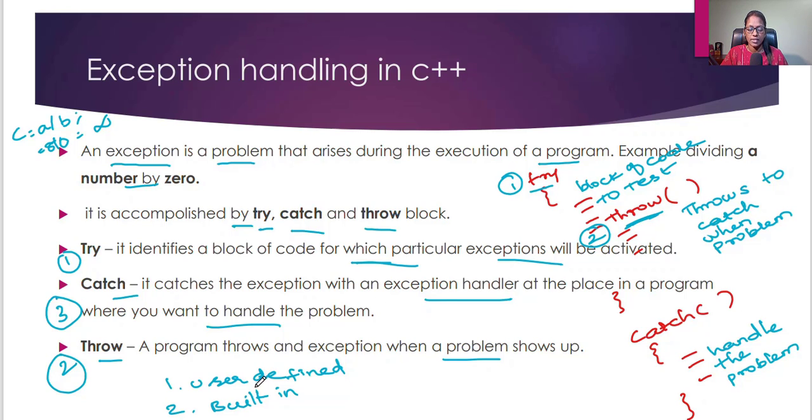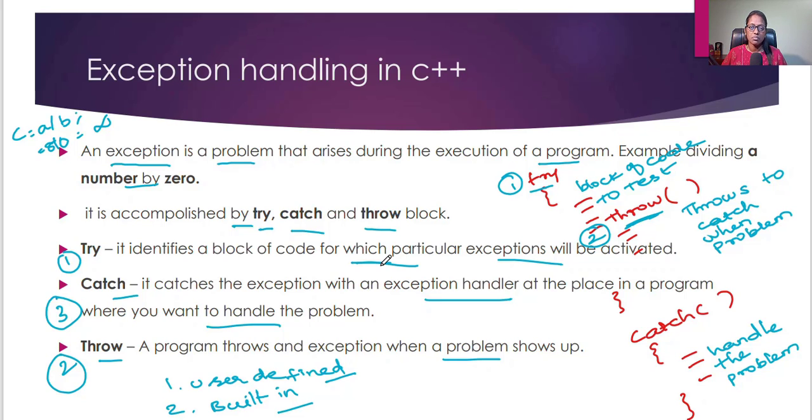In exception handling in C++, there are two kinds: user defined exception handling and built-in exception handling. User defined means I can define my own errors and the solution for that error. I can define myself the solution for a problem.